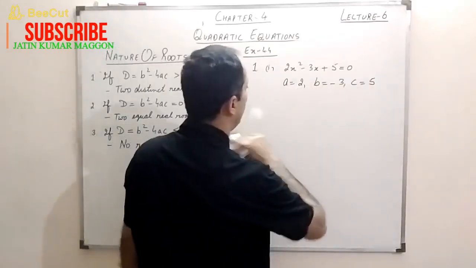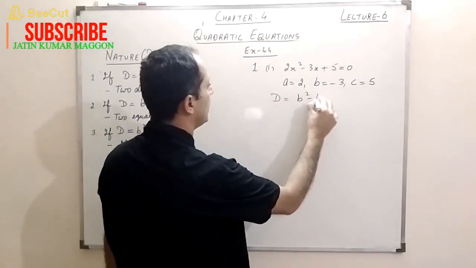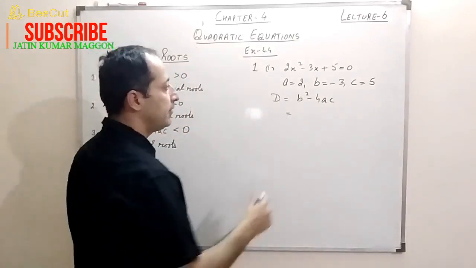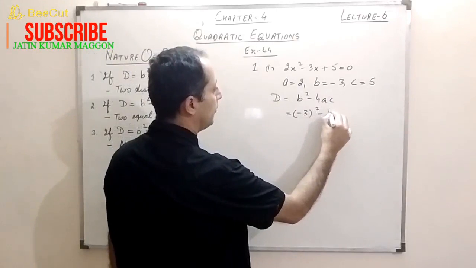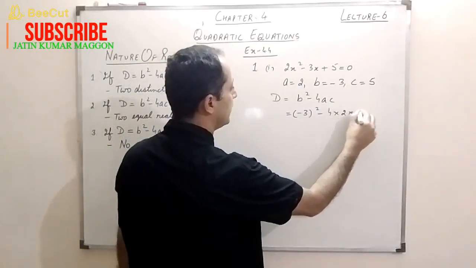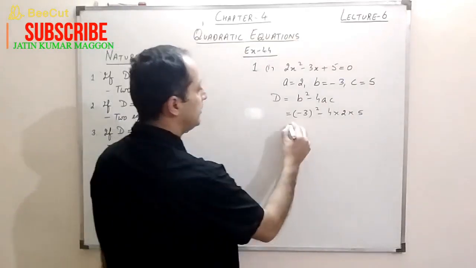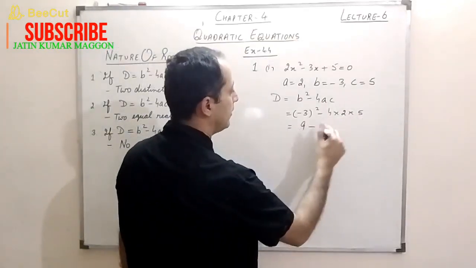Now I have to find the discriminant, that is D, and D is equal to b square minus 4ac. Substituting the values, I have minus 3 whole square minus 4 into 2 into 5, right? Now this becomes 9 minus 40, since 8 fives are 40.